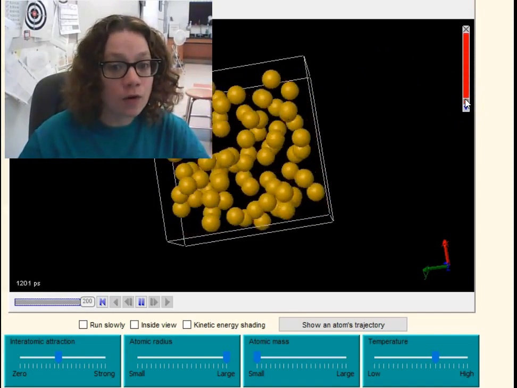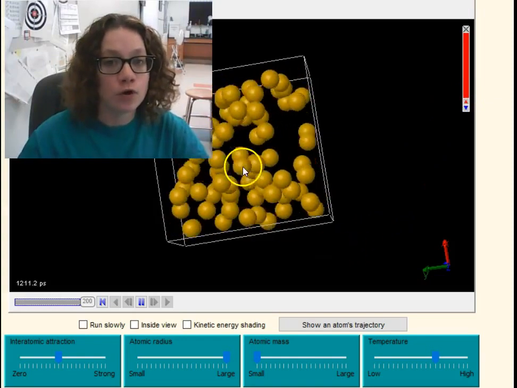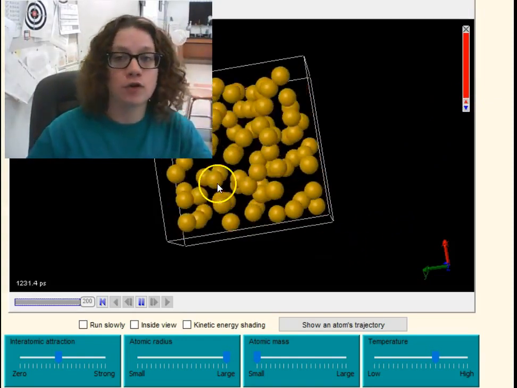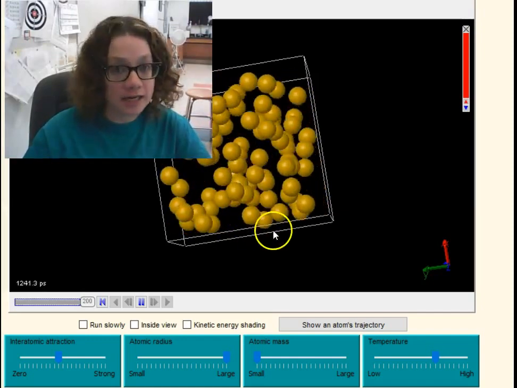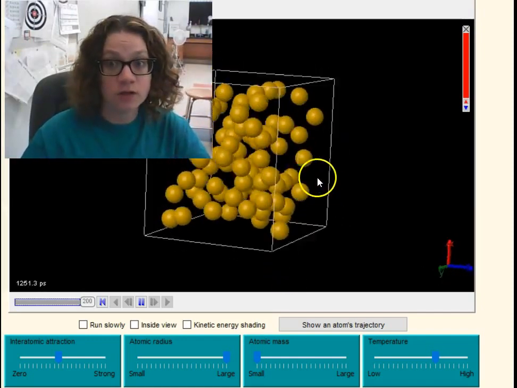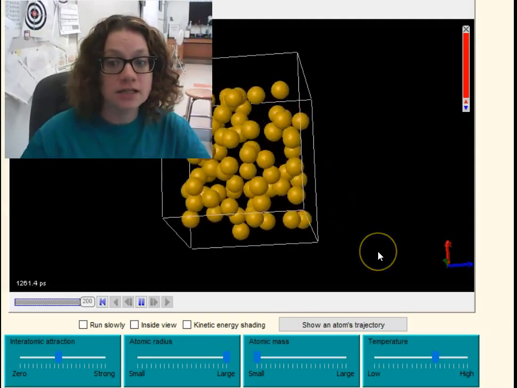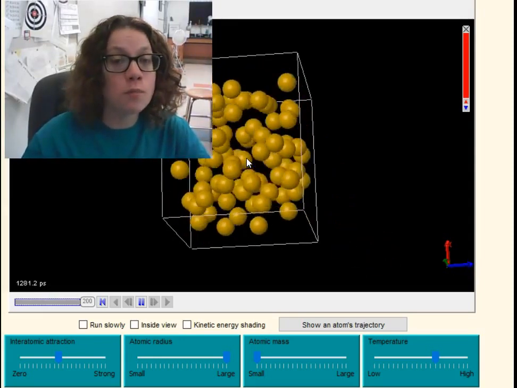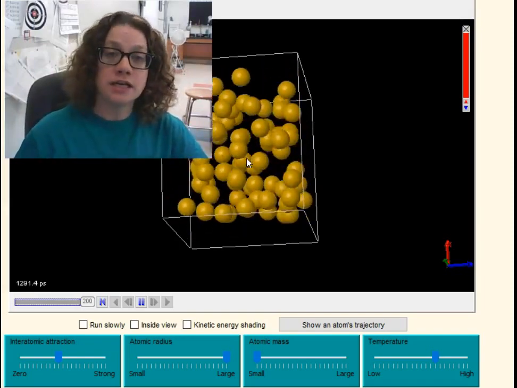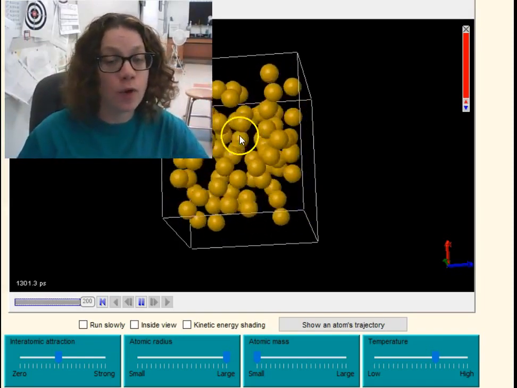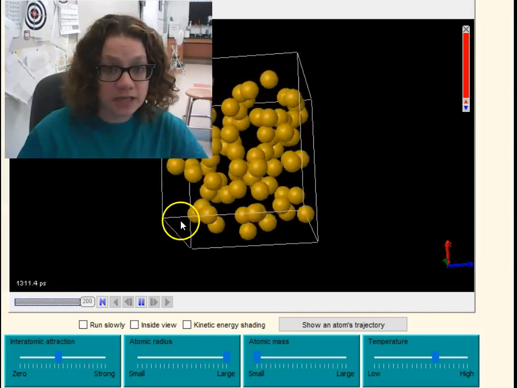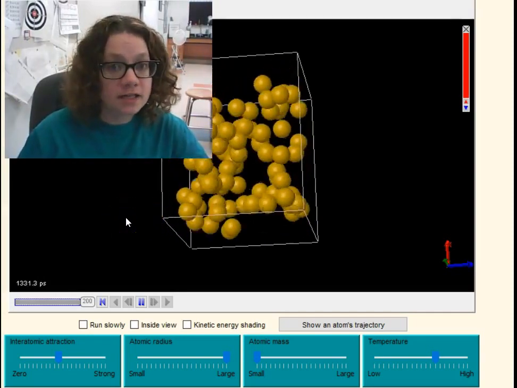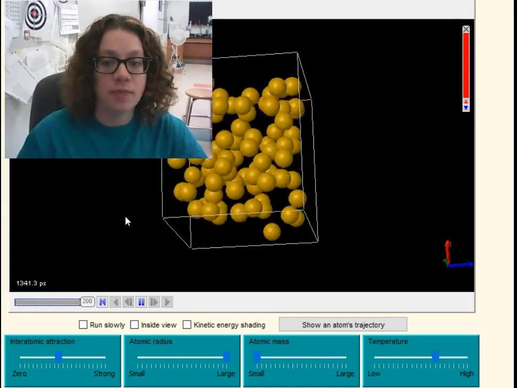And now I have particles of a gas. Now notice that the particles of a gas are colliding more often, and they have more kinetic energy. So the most kinetic energy exists in a gas. Now the particles can move from place to place, and they move in a random straight line pattern.